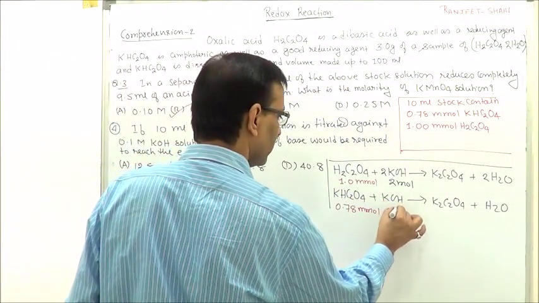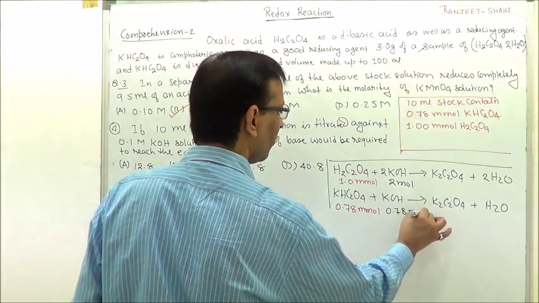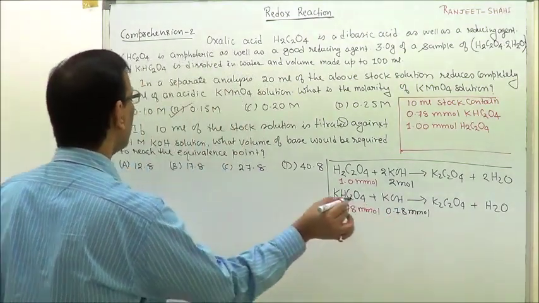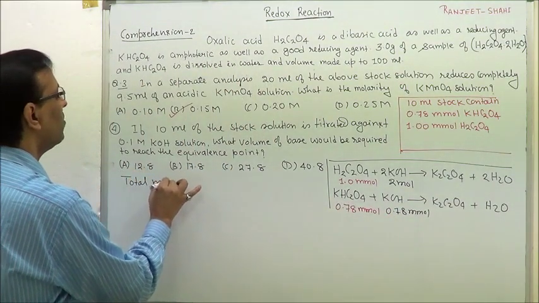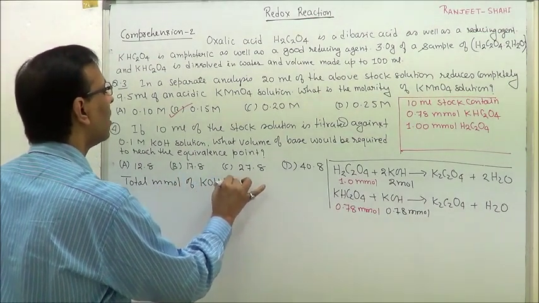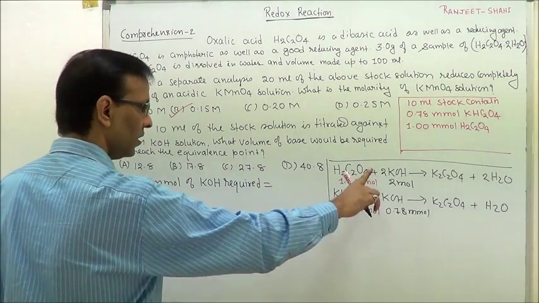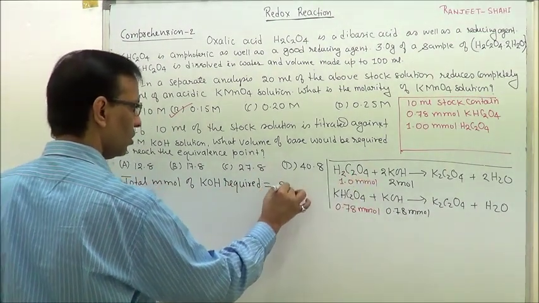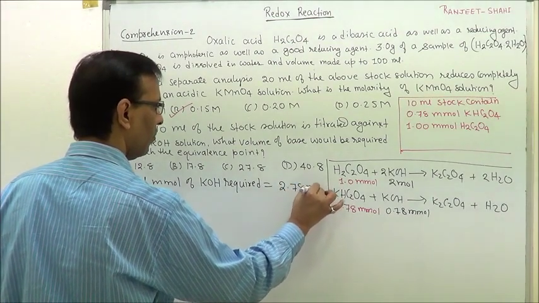So the total millimole of KOH required would be the sum of these two, 2.78 millimole.